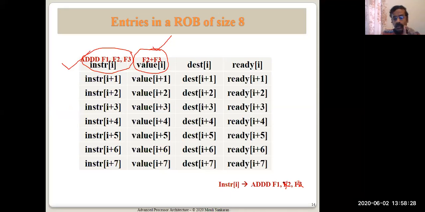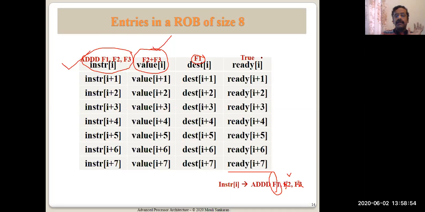The value computed has not gone into F1, it is available here. And then I should know where it is supposed to be written when I want to write. So I will say F1. Remember, it is not storing the value currently in F1. It is only saying it is the F1 register, a floating point register, F1.